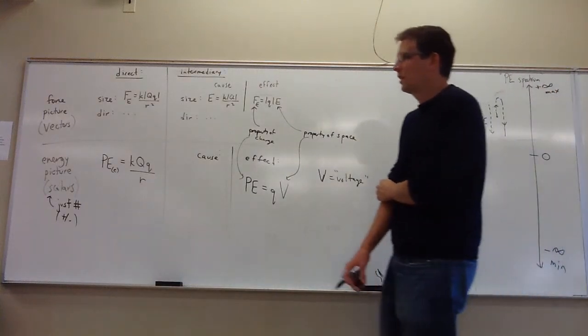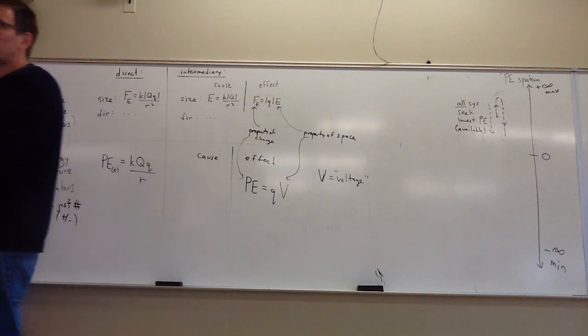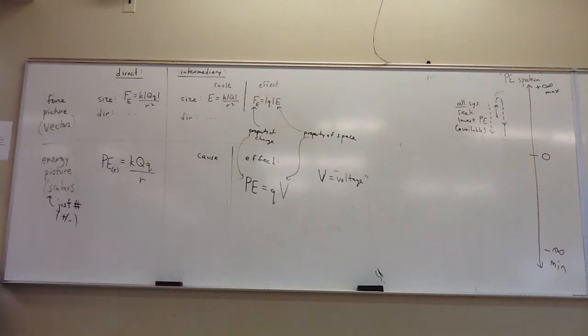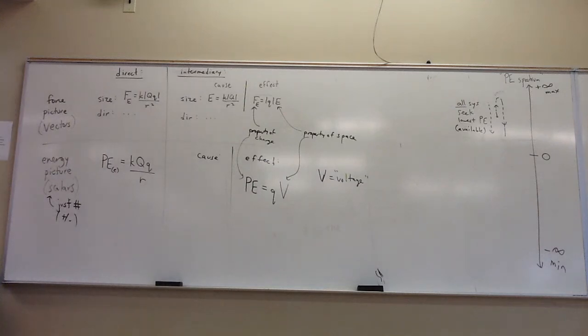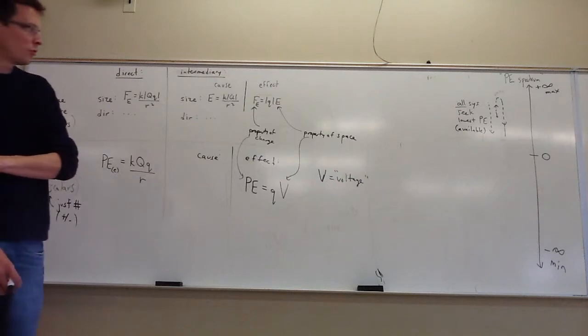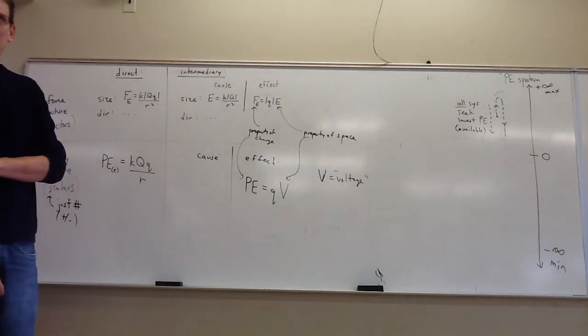You have to put something there. Okay? So same deal. The electric field is the property of space that helps you figure out the force on something placed there, and the voltage is the property of space that helps you figure out the potential energy should you choose to put something there. Okay? So the progression is very, very similar, right?